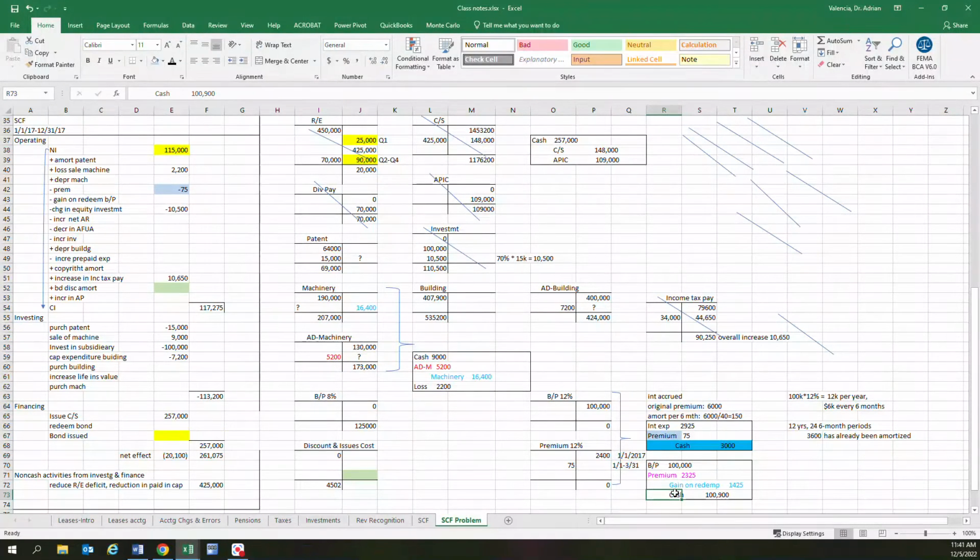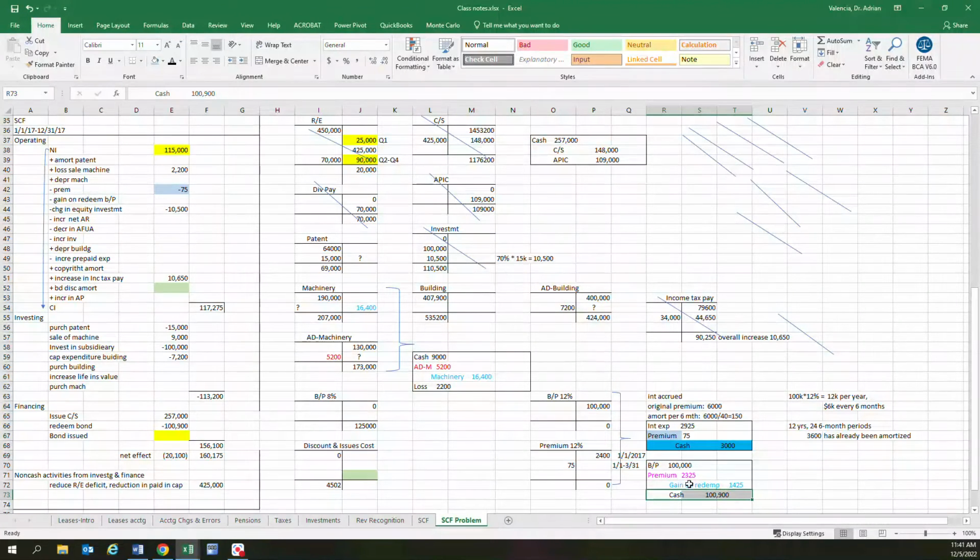Now let's start thinking about the cash flow implications here. This cash amount needs to be reflected on the financing activity. So we're going to have a minus 100,900 here.